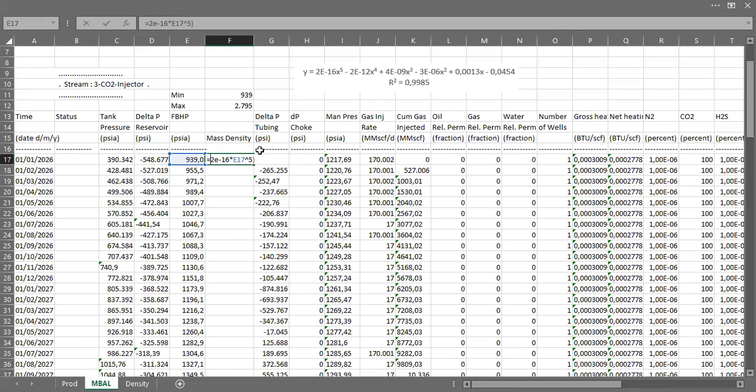Let's be careful here. And then minus 2E minus 12 multiplied by pressure to the power of 4, and then plus 4E minus 9 multiplied by pressure to the power of 3 minus 3E minus 6 multiplied by pressure squared plus 0.0013 multiplied by this pressure minus 0.0454.